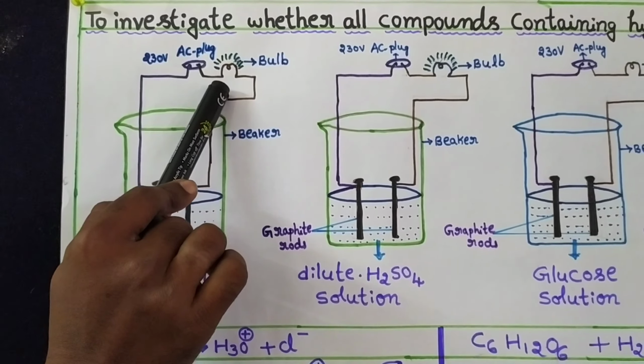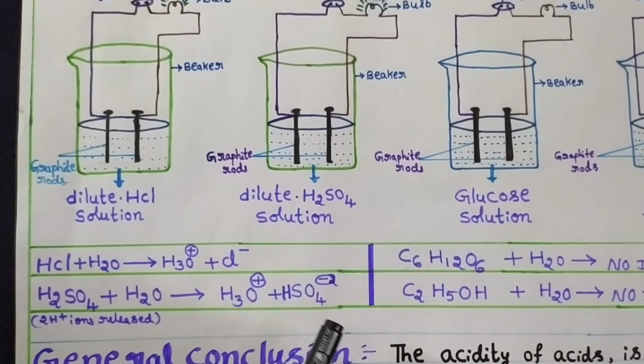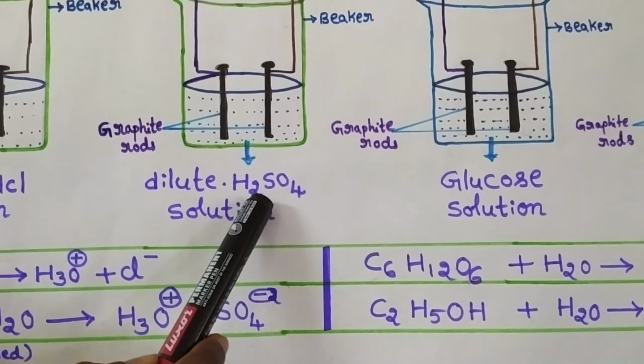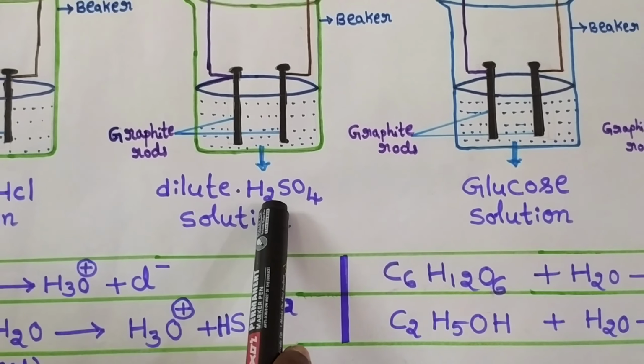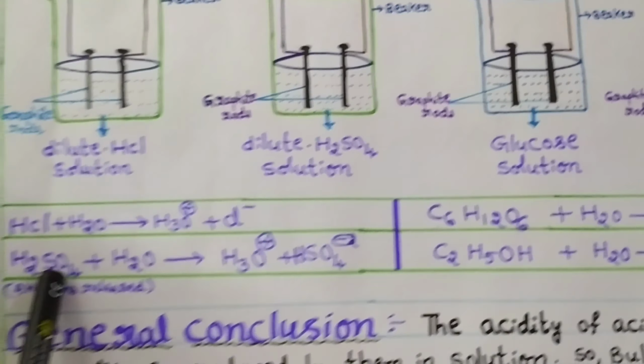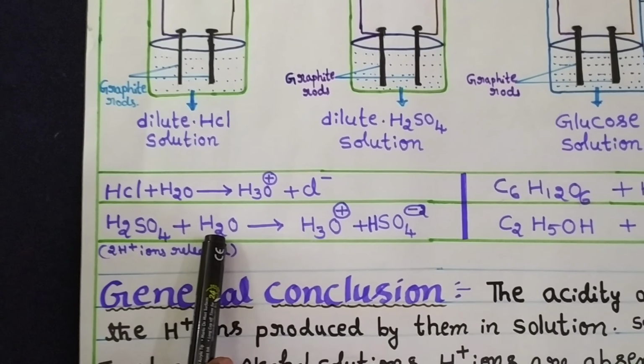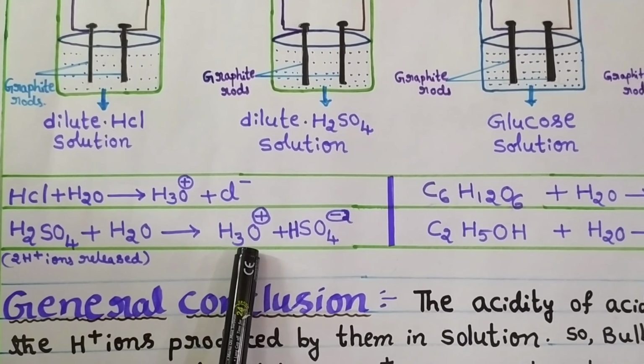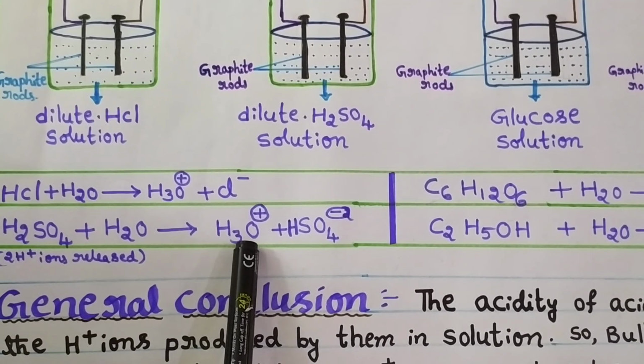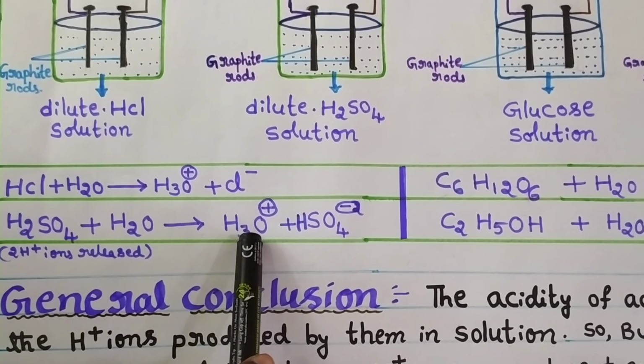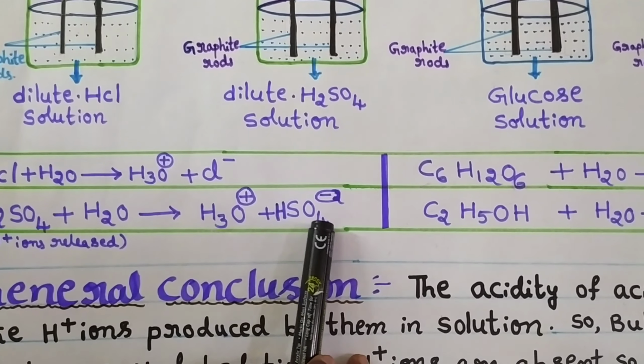Similarly, the same situation takes place in the case of sulfuric acid solution. Look here, the H2SO4 reacts with water and liberates products in the form of H3O plus, the hydronium ion, and HSO4 minus ion.